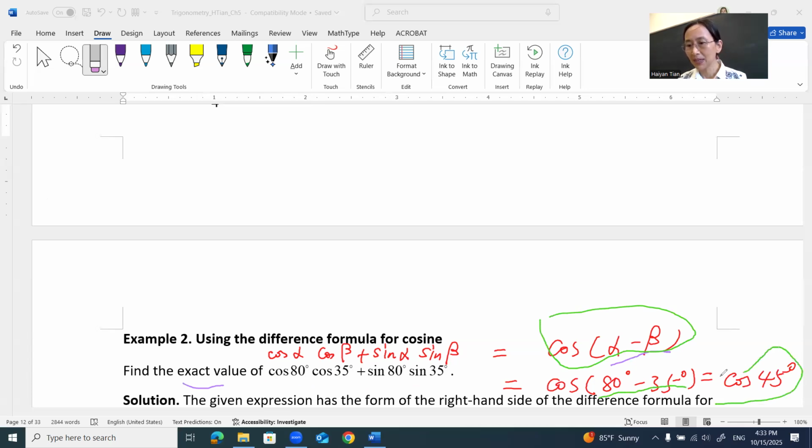And immediately it becomes a special angle. So in this example, we can get the exact value, which is cosine 45, square root of 2 over 2. That's the answer, the exact value of that expression.